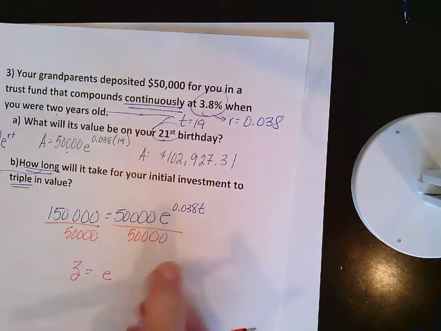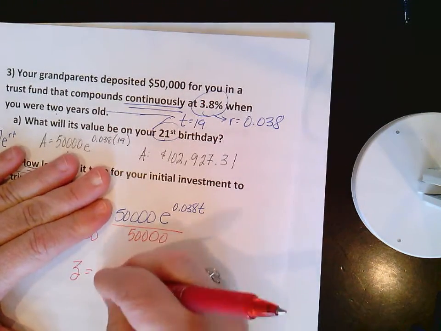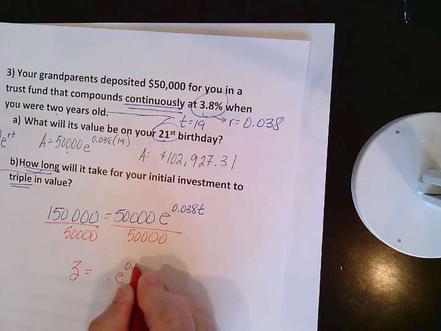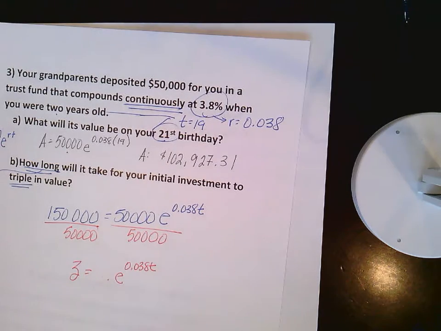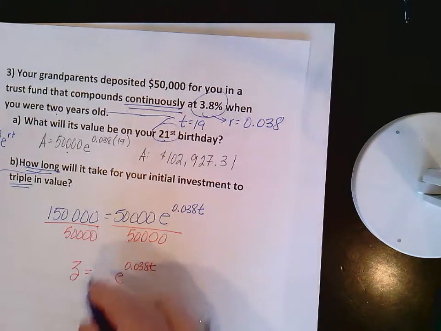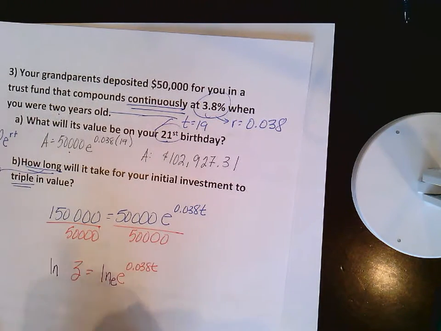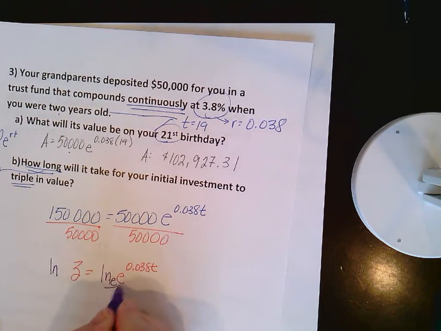E to the 0.038 T. To get to that 0.038 T, I'm going to take the natural log of E, and I'm going to do that on both sides. This will cancel, so I have 0.038 T equals the natural log of 3.